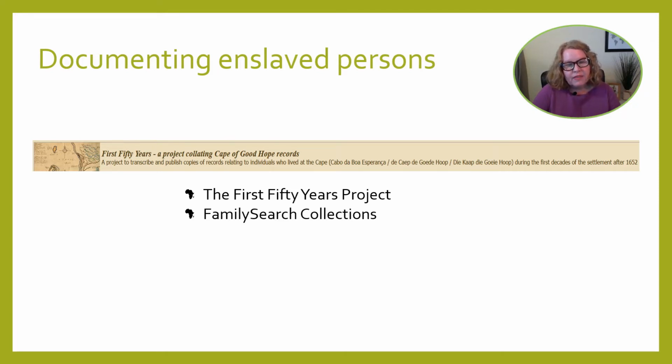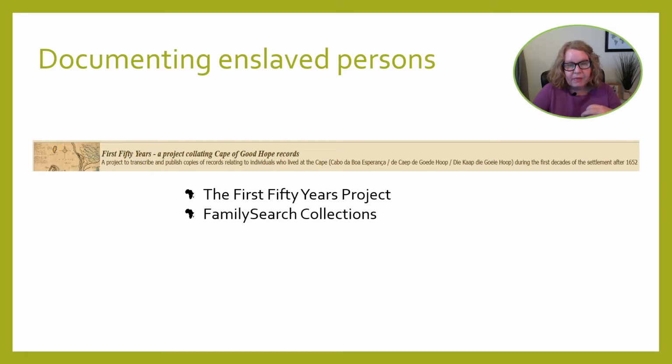So the work of this First 50 Years project included looking for those names of the enslaved within these documents, trying to identify them, to bring these names into the light, and to acknowledge the contribution made by those enslaved persons to the history, the culture, and the ethnicity of South Africa. Now, there is so much to study on this site.